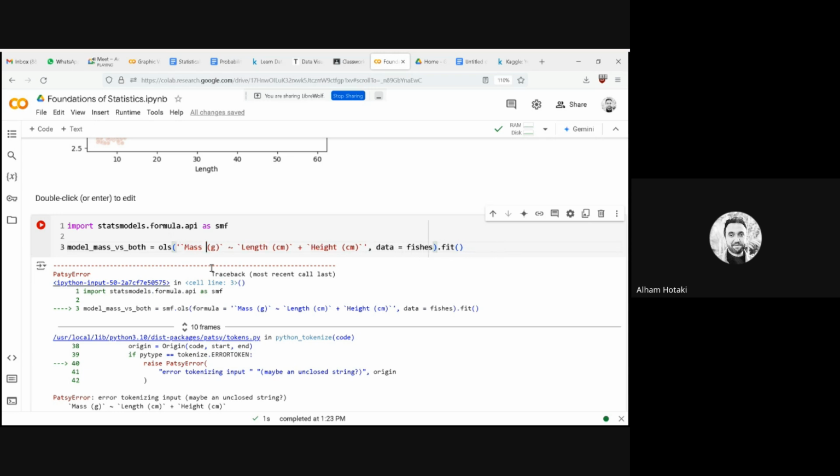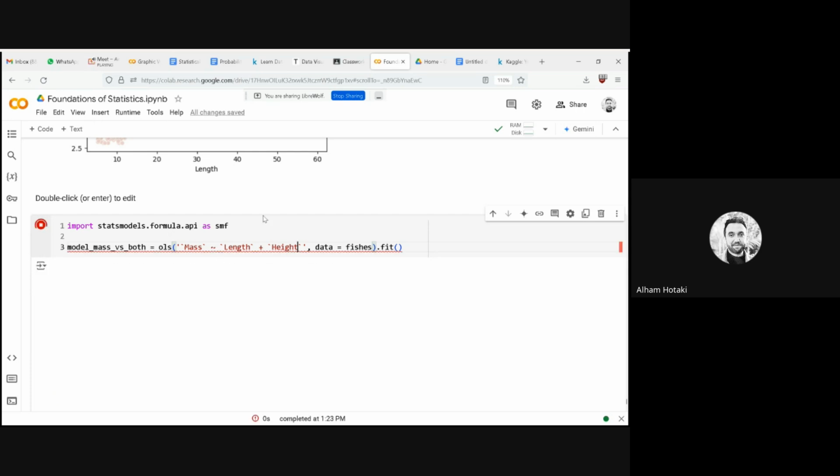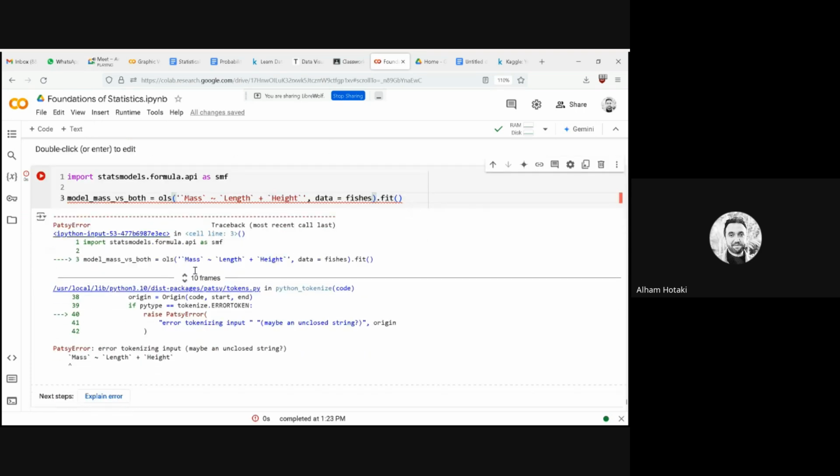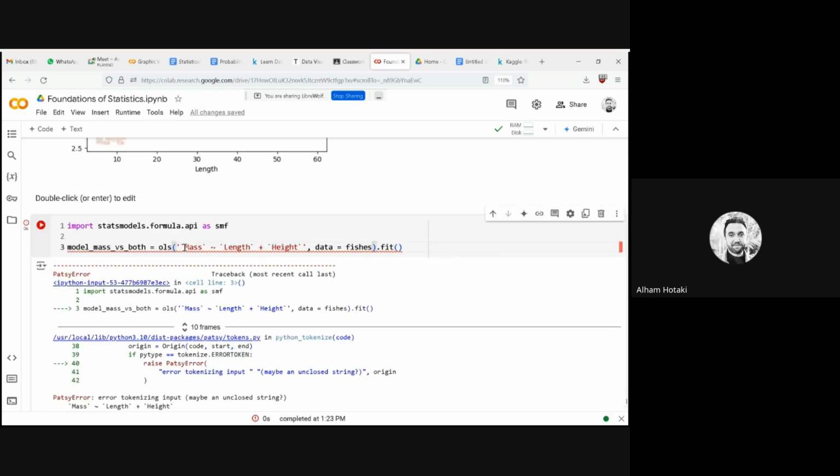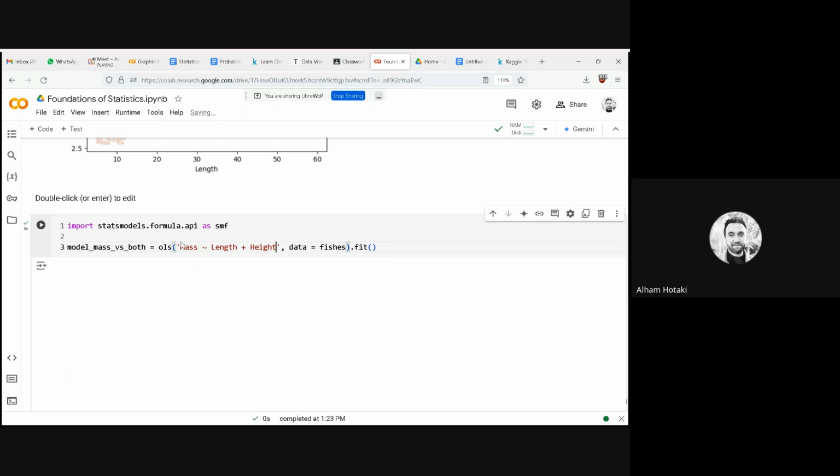I just changed the names because these spaces are making problems here. It was the problem with the spaces between these ones.